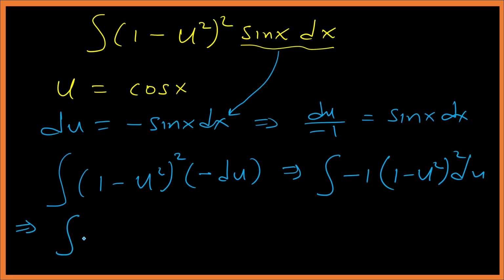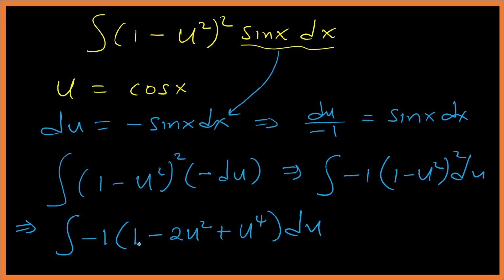That will be the integral of negative, and squaring this is 1 minus 2u squared plus u to the power 4 du.